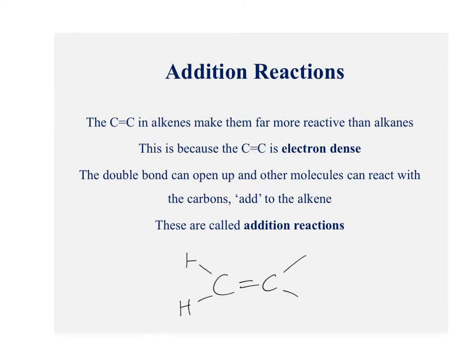If we think about the overlapping of electron shells, like in covalent bonding, a double bond is where we've got two pairs of electrons that are sharing. Because of those two pairs of electrons being shared, we can say that it is electron dense.